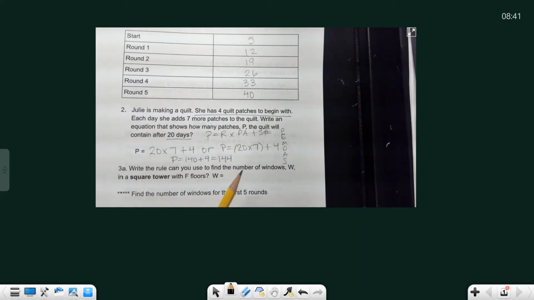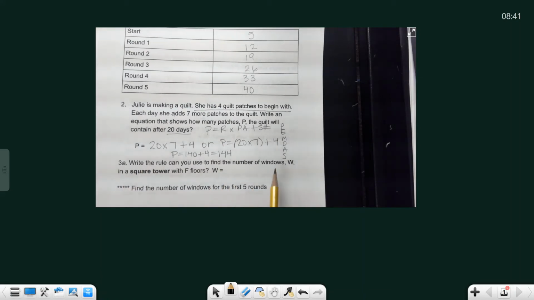All right, 3A. Write the rule you can use to find the number of windows W in a square tower with F floors. Well, what did I tell you about square and corner towers? What's your hint, Isaiah? A square has one more than a corner. So what is the expression for a square tower?